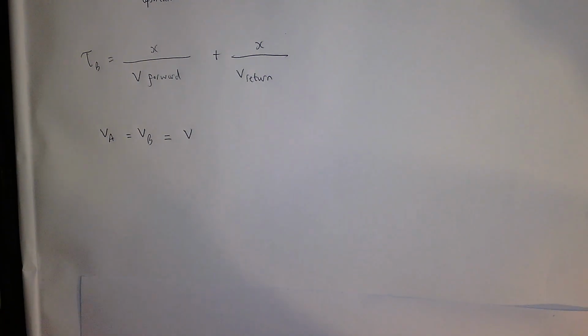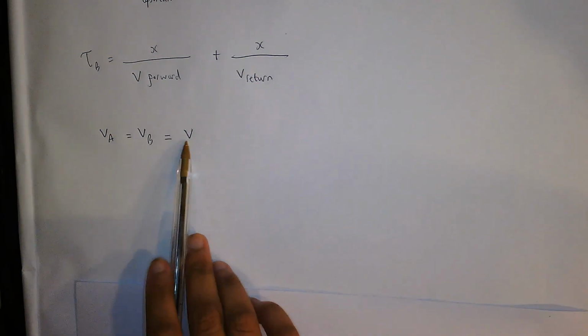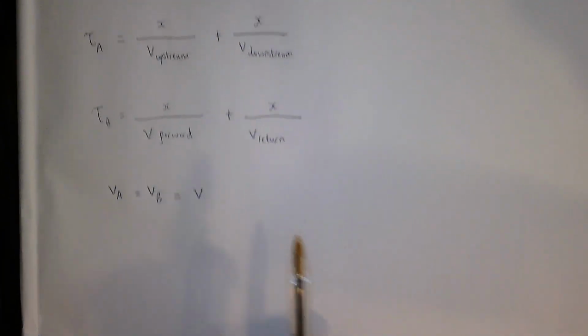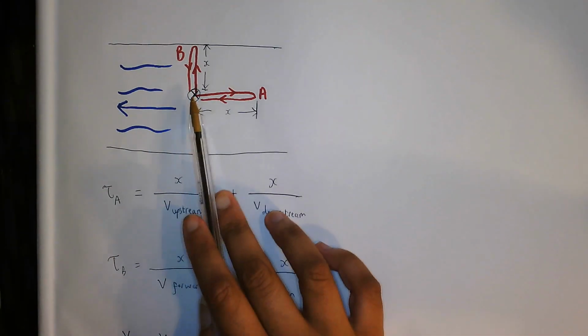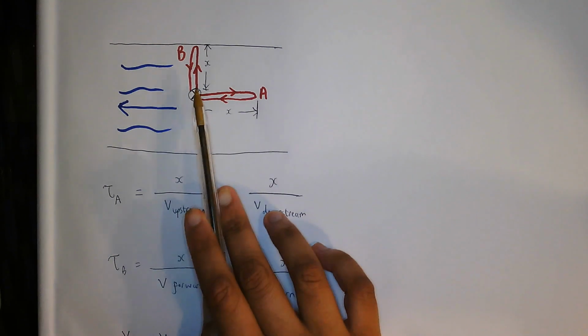And we're going to be using that in the rest of the question. And remember, these velocities are with respect to the stationary observer on the buoy here.